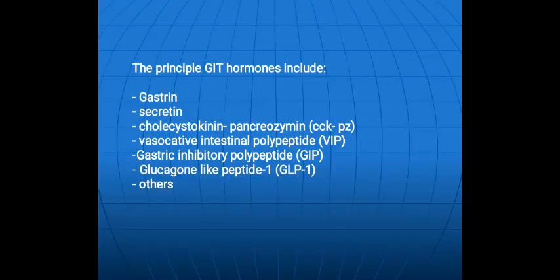The principal GIT hormones include Gastrin, Secretin, cholecystokinin, pancreazymin, vasoactive intestinal polypeptide VIP, gastric inhibitory polypeptide, and glucagon-like peptide.